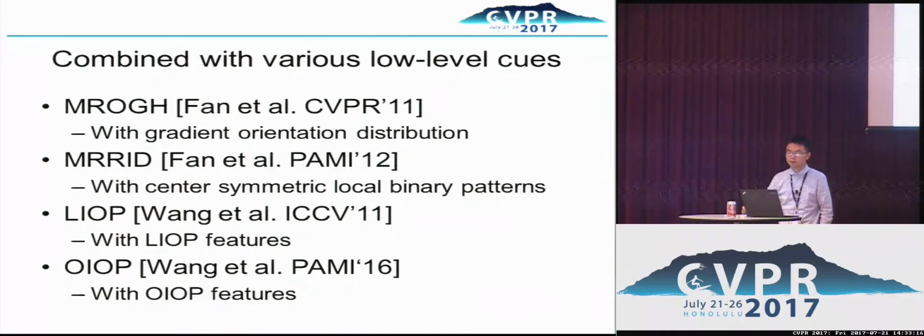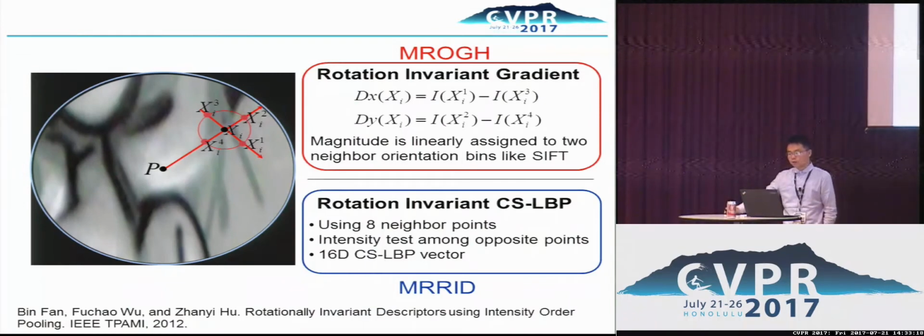Firstly, we propose to use a low-level feature similar to the one used in SIFT. It is a gradient orientation map computed in a local coordinate system. As shown in the left figure here, for each pixel, a local coordinate system is constructed so as to achieve rotation invariance.